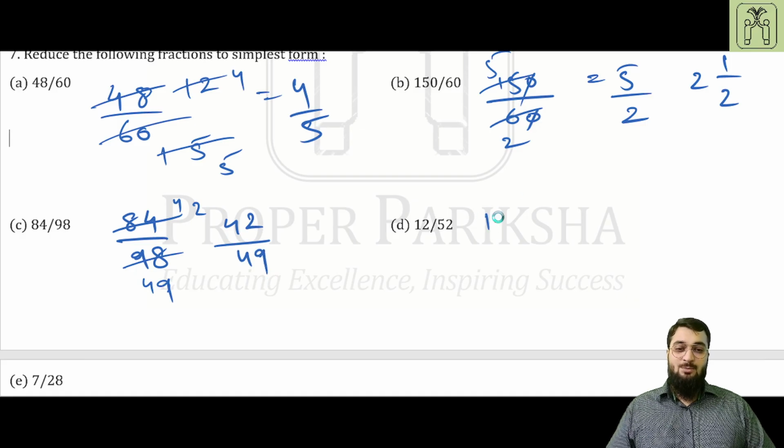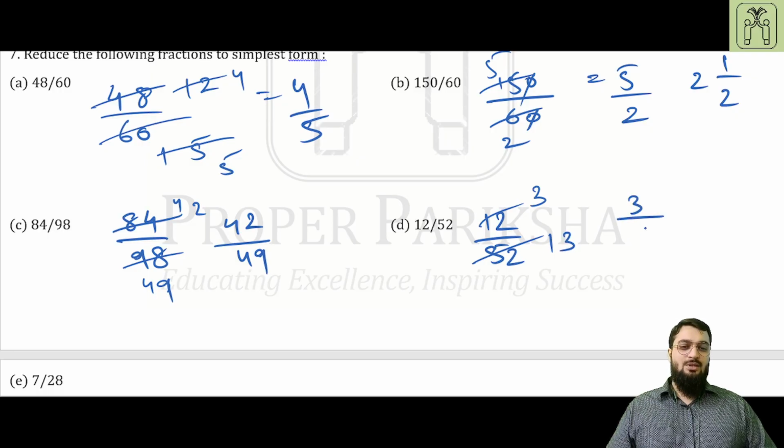If we take 12 upon 52, the next part, what will the answer be? Is it going by 2 or 3? No, it is not going by 3, it is going by 4. So 4 threes are 12, and 4 thirteens are 52. Therefore, it will be 3 upon 13.